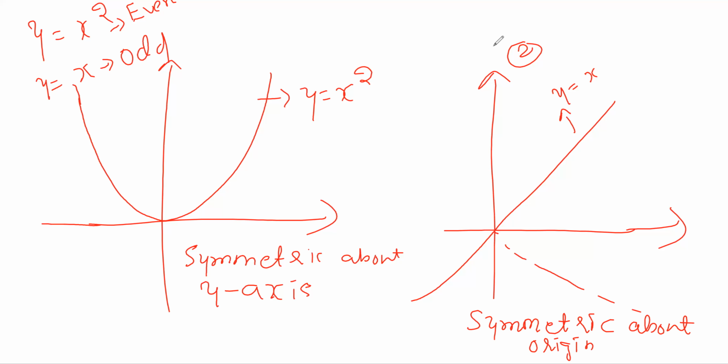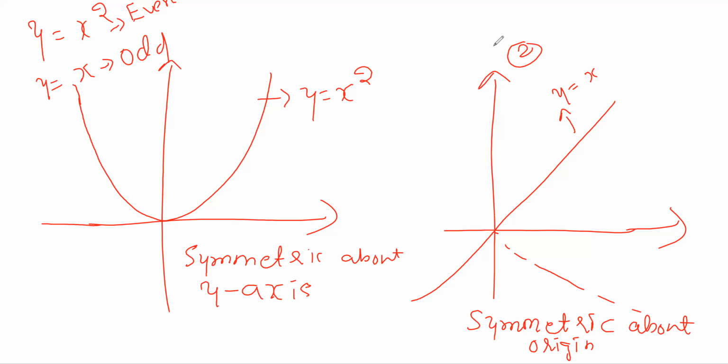So for any function, if you want to say diagrammatically whether it is even or odd, you have to check the symmetry of the function. If the function is symmetric about the vertical axis, that is the y-axis, then we can say the function is even. And if the function is symmetric about the origin, then it is an odd function.